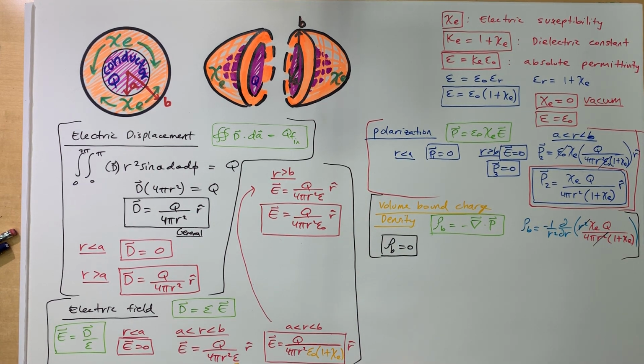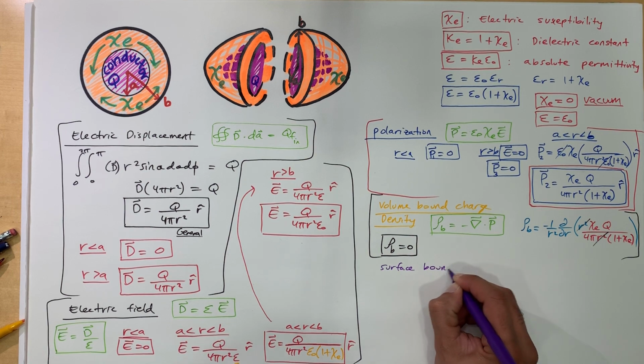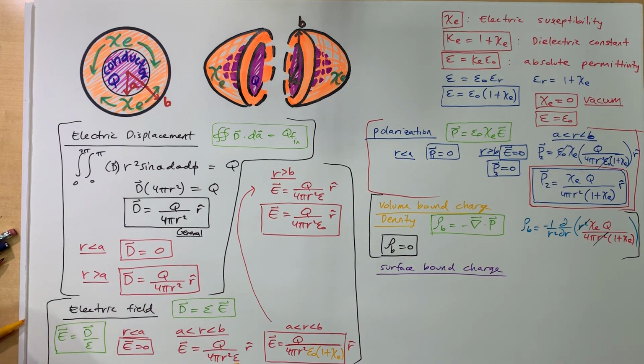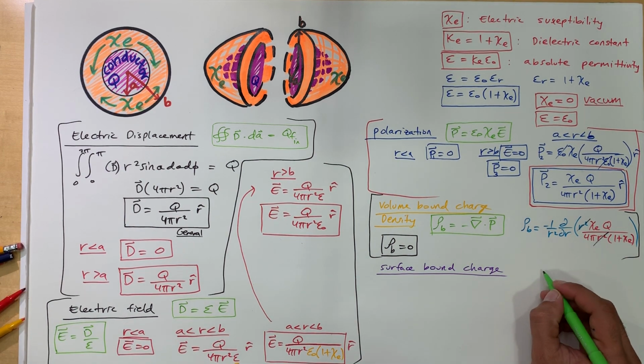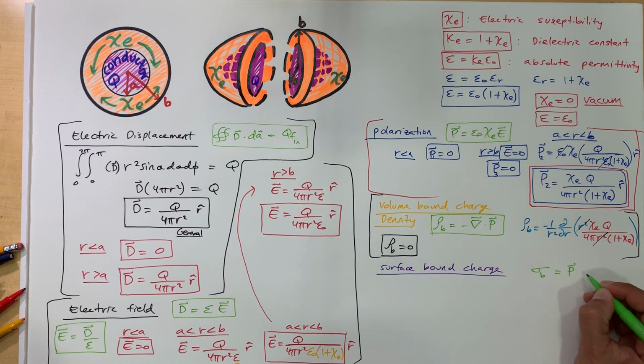So it makes sense. All right, and let's check now the surface bound charge, because something might be going on there instead of the volume. And that formula, we're gonna have sigma bound is equal to polarization dotted with the normal evaluated at the surface.